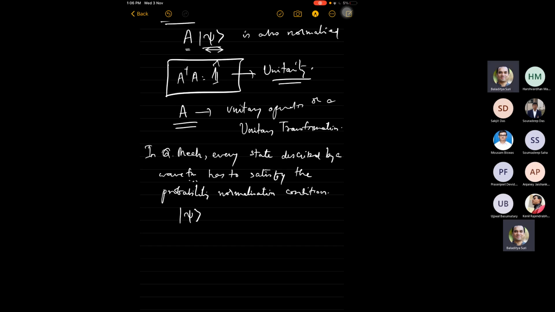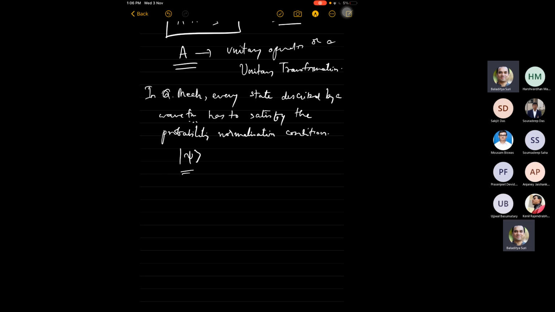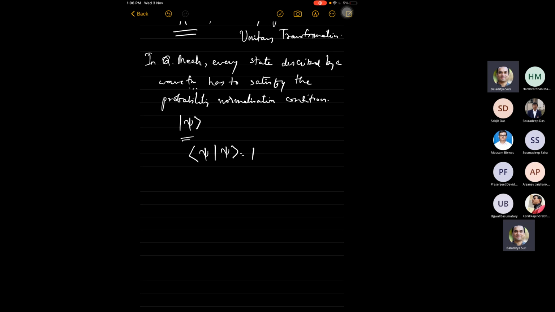That is, if you have the wave function psi, now I'm going to represent it as this abstract ket, ⟨psi|psi⟩ has to be 1 in quantum mechanics. So any transformation of this psi which takes it into another physically probable vector, meaning that psi goes to some A times psi, which is equal to some vector chi, and if this chi has to be a physical state, then ⟨chi|chi⟩ has to be 1.